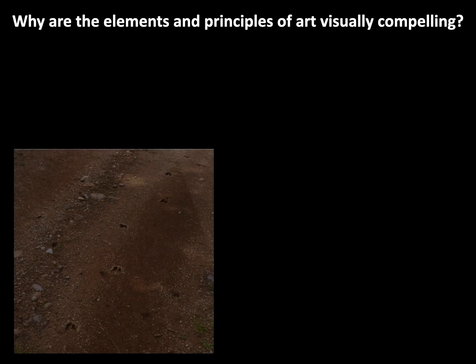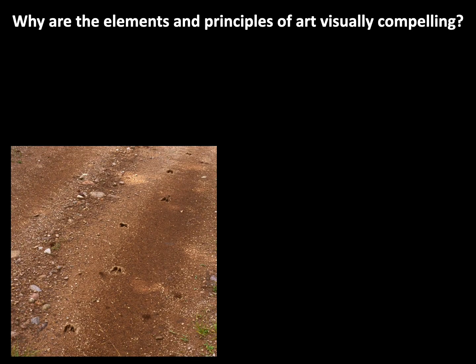Let's talk about why the elements and principles of art are visually compelling. Look at this image. What do you see? Is it a work of art? Not really. Hopefully you see animal tracks in the dirt. Going back to hunter-gatherer times, our survival depended on noticing these signs in the landscape. Our need to eat and not be eaten systematically trained our eyes to notice the very same qualities that artists presently employ in art.